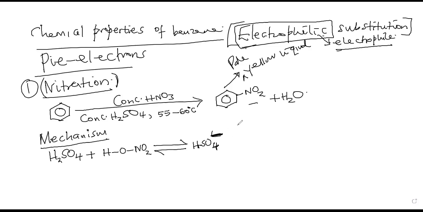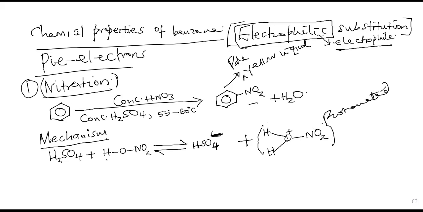And I will also be left with a protonated nitric acid. The protonation will be a plus on an O, so I will have O plus, then the two hydrogens, the one which you're seeing here and another one from sulfuric acid. Then the rest will remain the same, NO2. Now, this is what we call protonated nitric acid. So the first role of conc sulfuric acid is to protonate nitric acid.